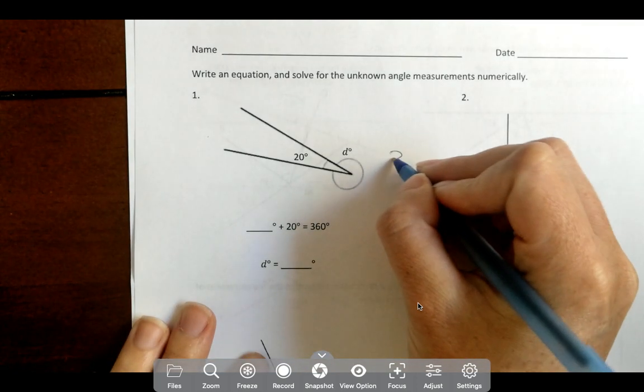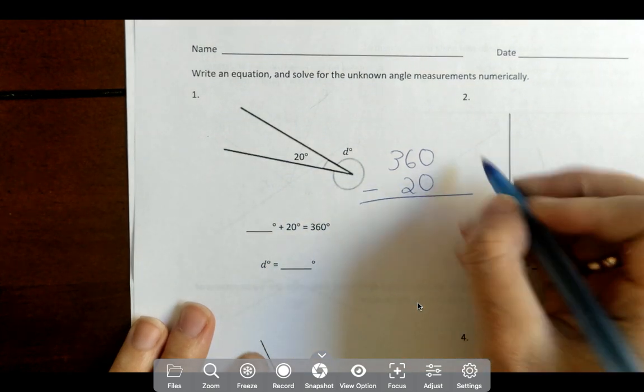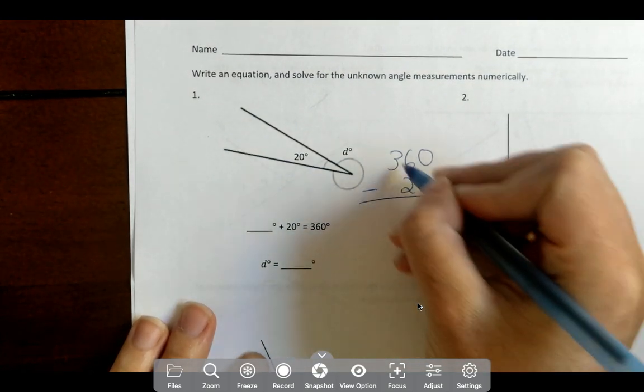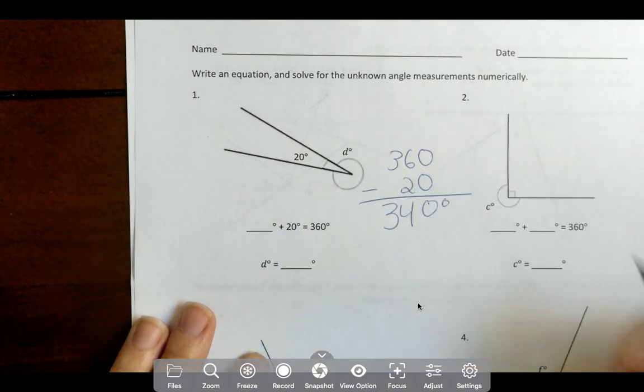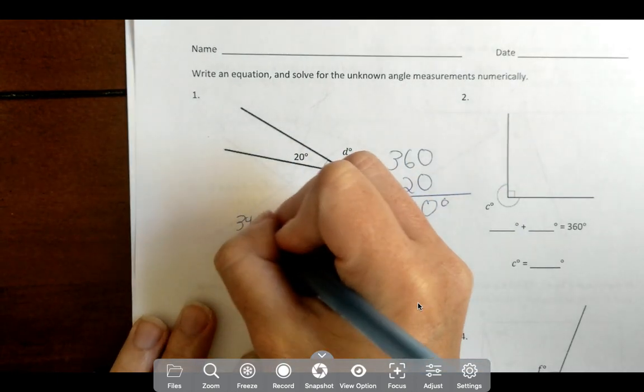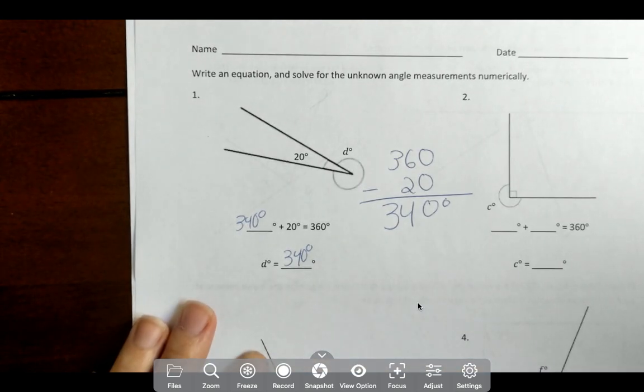We have to subtract. 360 minus 20. 0 minus 0 is 0, 6 minus 2 is 4, 3 minus blank is 3. 340. So you can write it in, and we are set to go.